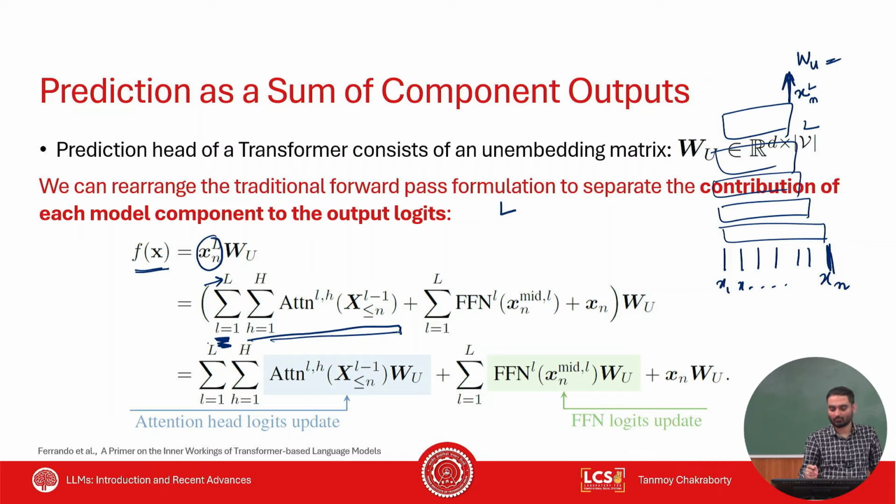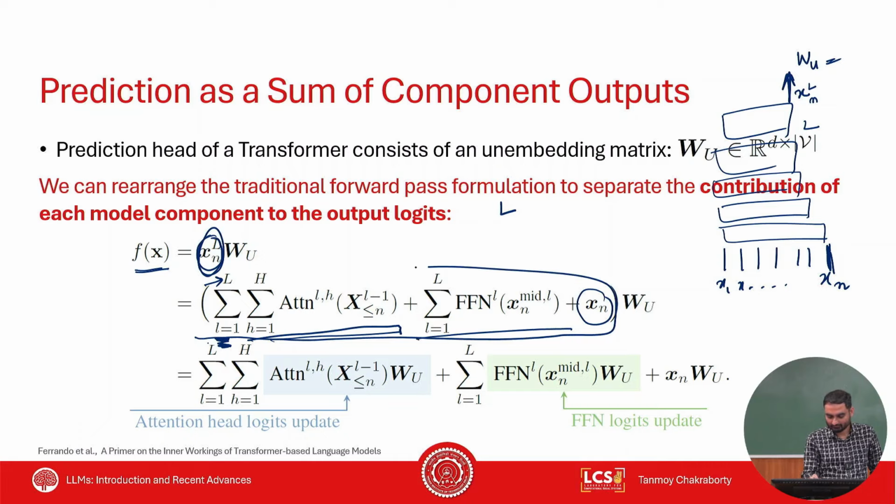What are the other elements that have been added? We also added L feed forward outputs, right? And xn was the original input that has also been added to this residual stream, right? So xn L is nothing but this, and this will be multiplied with the unembedding matrix W u.